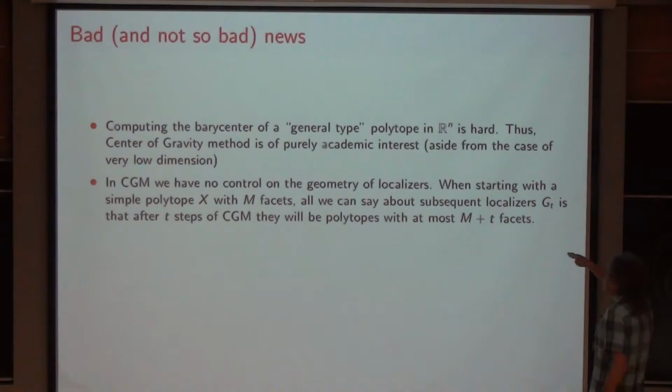When our polyhedral set is defined by a large number of cuts, even in small dimension, it's very hard to compute the center of gravity. There are some random approximations which can be used, but deterministically we know this is a hard problem. So this problem, which should be solved at each iteration of the center of gravity method, we don't know how to solve efficiently.